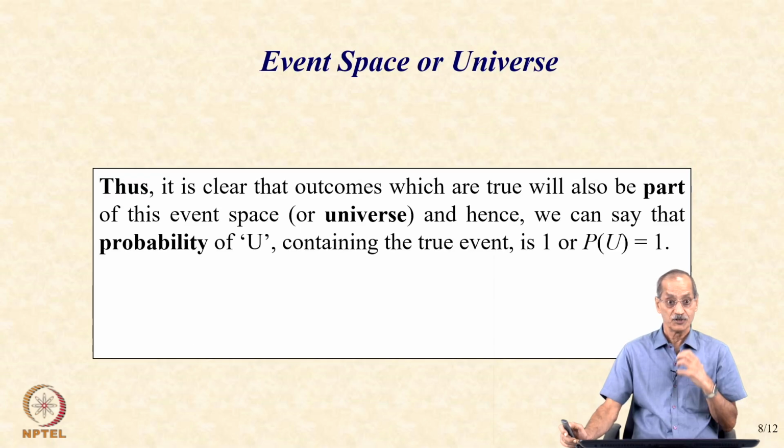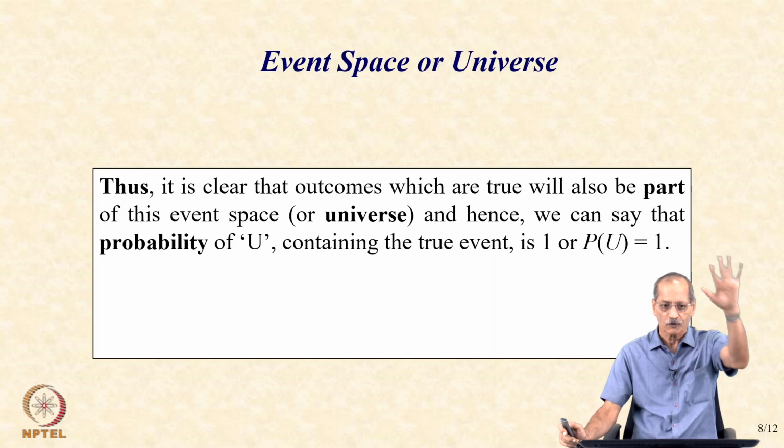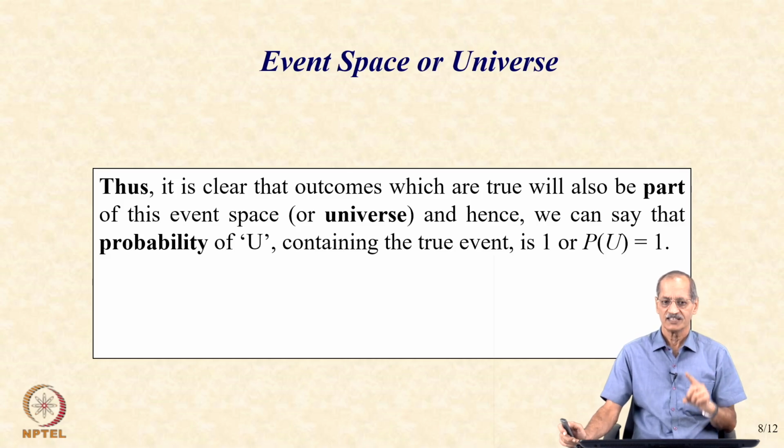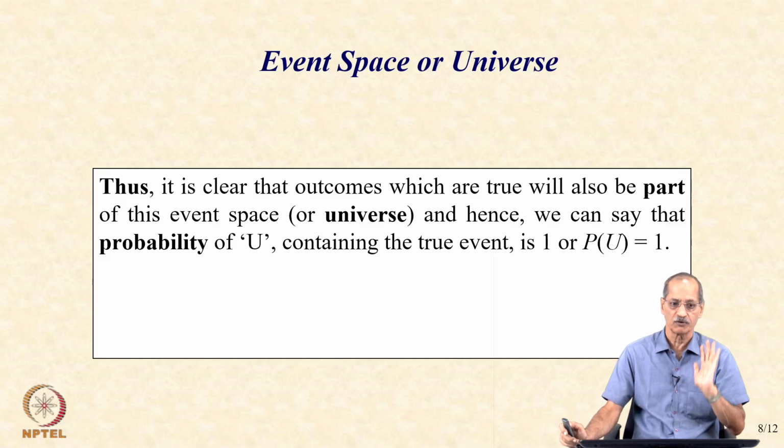And please note, once you accept that all possible outcomes are part of that universe, among all the possible outcomes or event space, the one outcome which actually is the case, let us say the actual outcome is that the vehicle actually is breaking down, is also part of that whole process. Rest all of them are not applicable, but that one particular event which is applicable is also part of it.